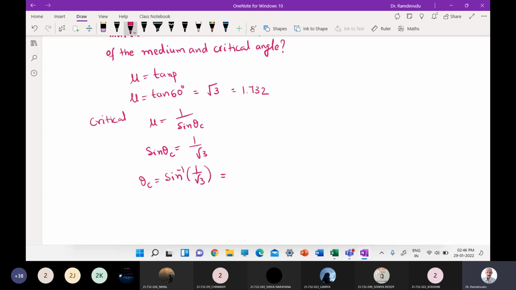So how much do you get? What is the angle? 35.26 degrees. Okay, this is the way you have to find it.